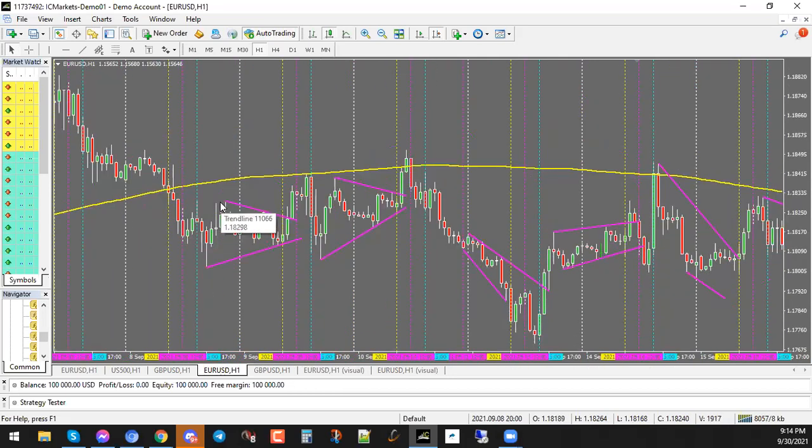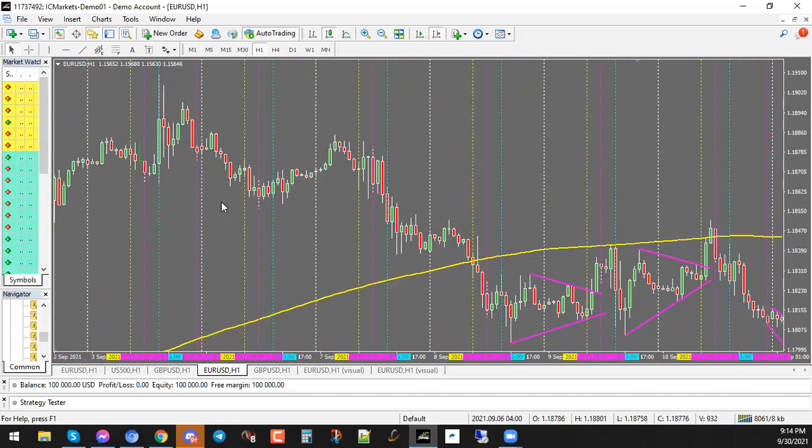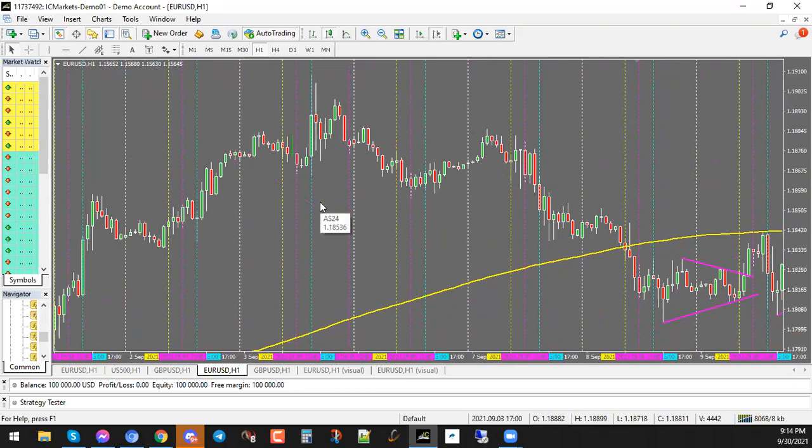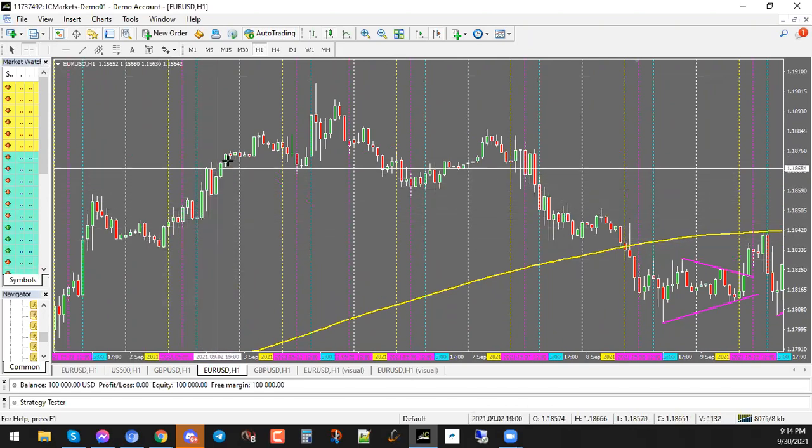Let's see if we can find ourselves a leaning formation. All right, I'm just going to scan with my eyes to see if I can find one. Let's look at this area. The price is moving up.